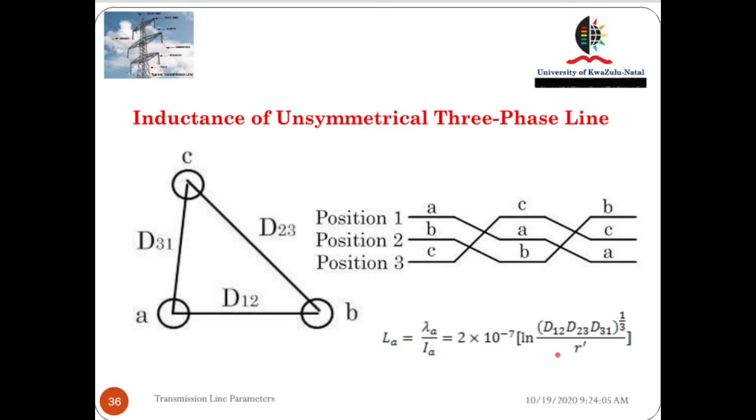In this case, we use the theory of geometric mean, and we assume that it will give us an average value or mean value of the inductances of these three-phase conductors, which are not the same because of the unequal distances between them. But in real life, we don't like unequal inductances for each phase, because what will happen with unequal inductance in each phase? It will cause unequal voltage drop for each phase, which we don't like.